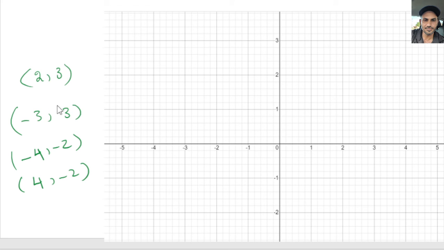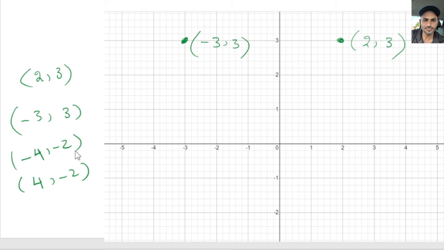So the first point we start with is (2, 3). We start from the origin, go 2 units to the right, 2 is positive 2, and then 3 units in the y direction. So this is (2, 3). Next one is (-3, 3). So we start from the center, 0, negative 3 in the x direction, and 3 in the y direction. We have this right here. So this is (-3, 3).